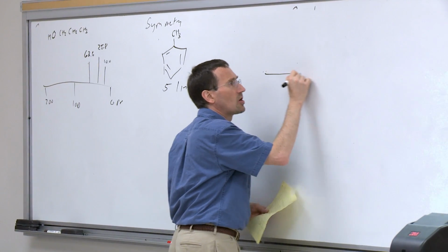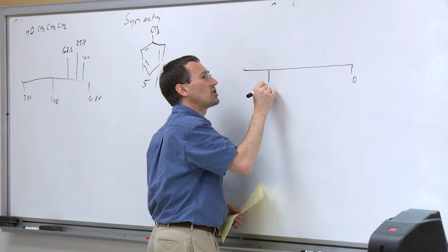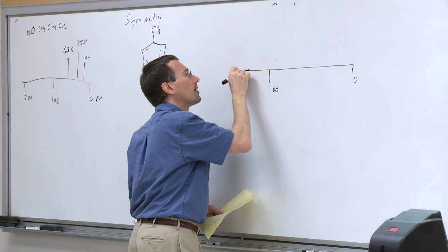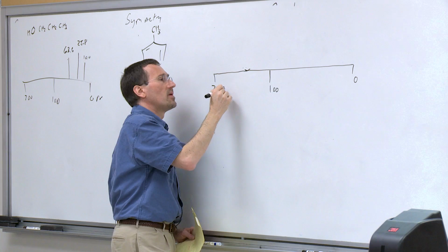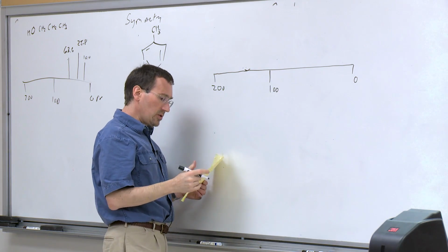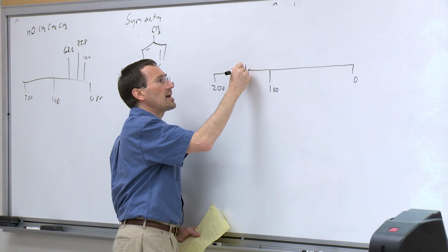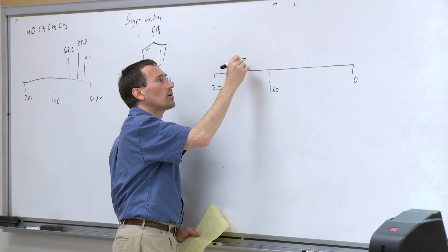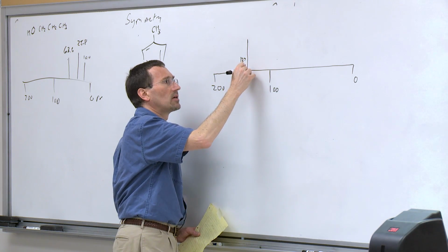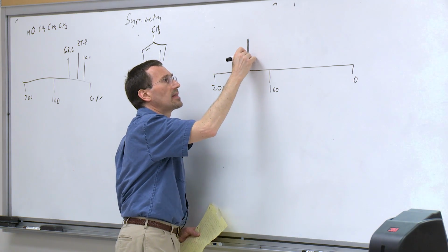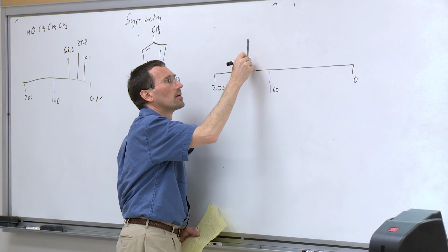There are other little clues when you're reading a C13 NMR spectrum. And again, I'm just going to sketch it out. I could put up a spectrum. We'll get some real spectra in just a moment. For example, the C13 NMR of toluene looks something like this.